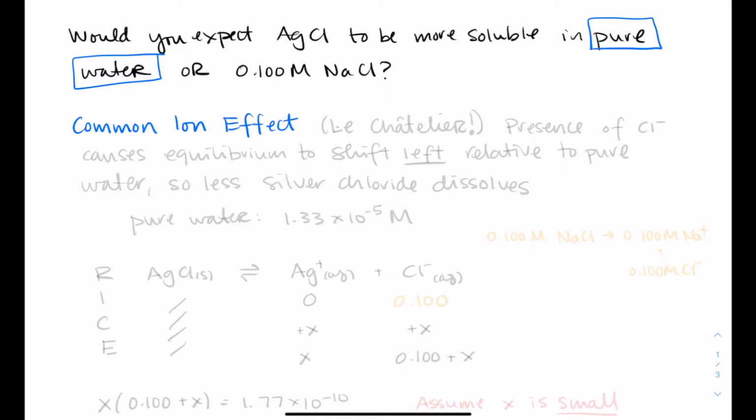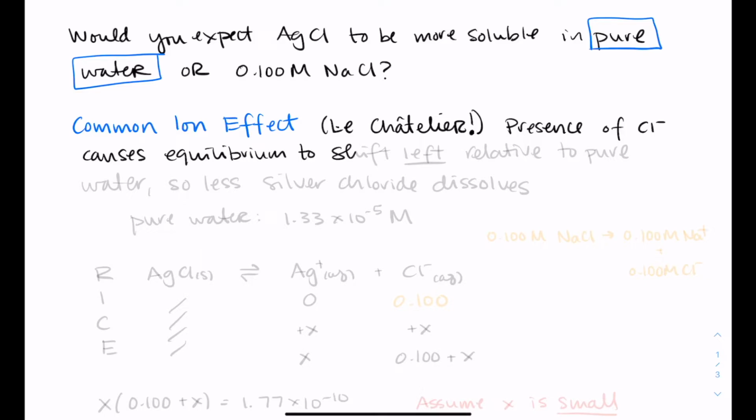So I would expect this to be more soluble in the pure water because in the sodium chloride solution, I already have chloride ions. So when I'm doing my equilibrium table, my initial row under chloride is not 0 if I'm in the sodium chloride solution.